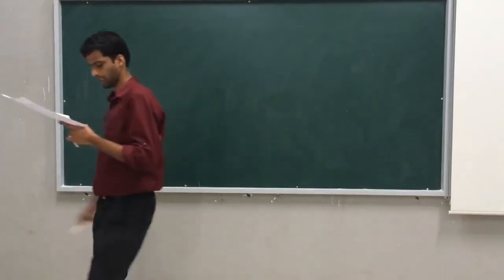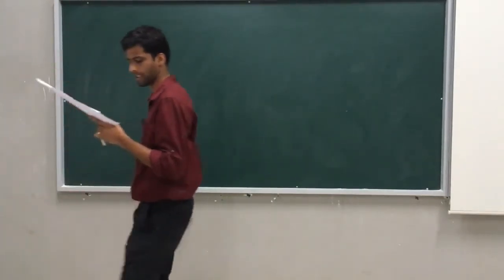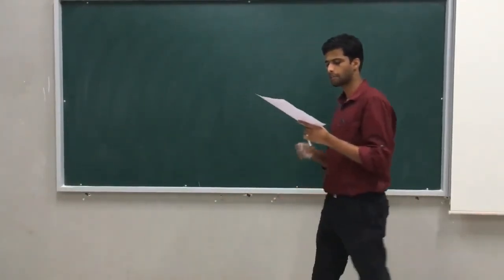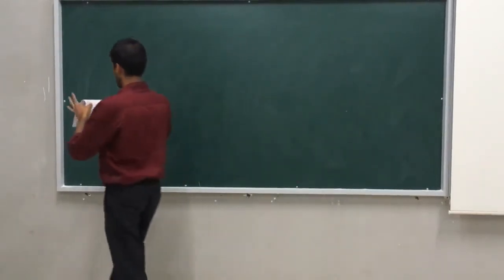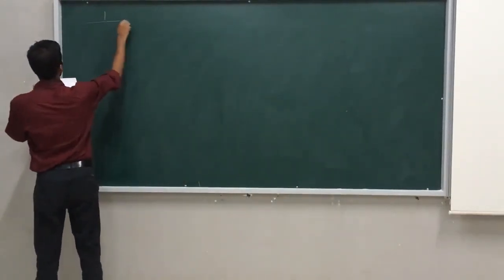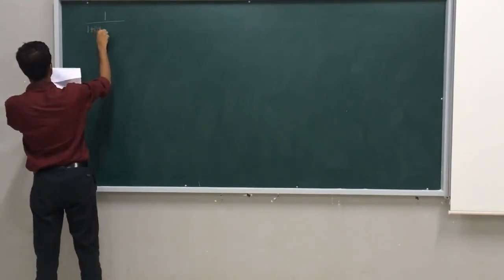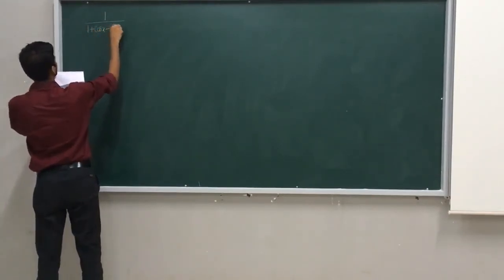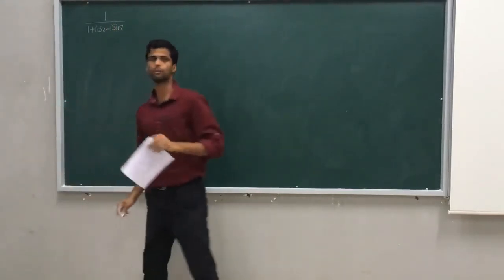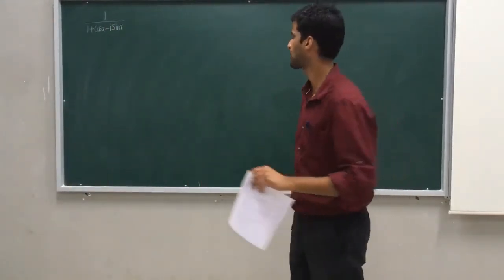What is the next question? In the next question, we have been given the imaginary part of 1 divided by 1 plus cos x minus i sin x. Is it in the standard form? No, it's not at all in standard form. So what to do?